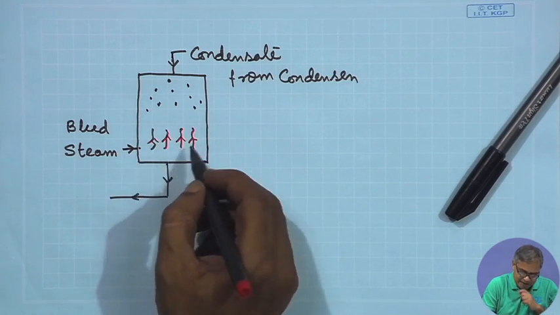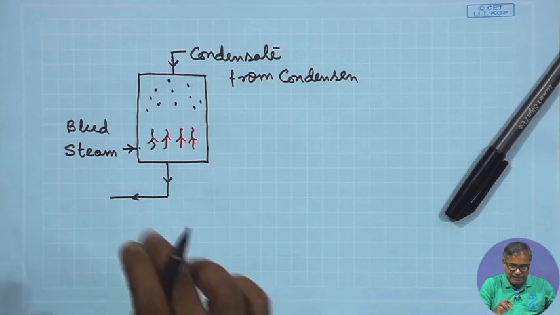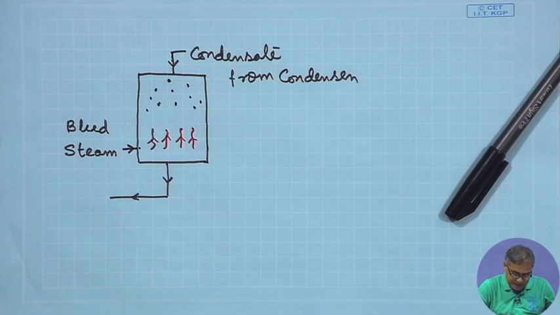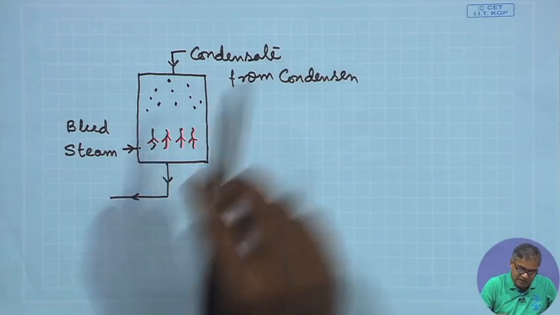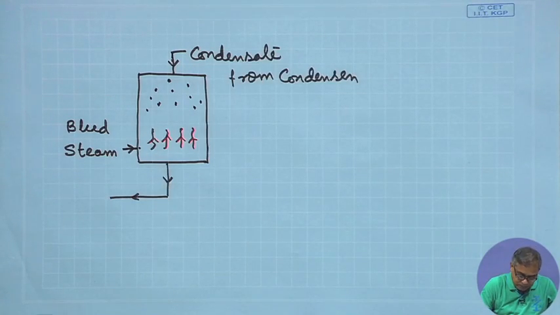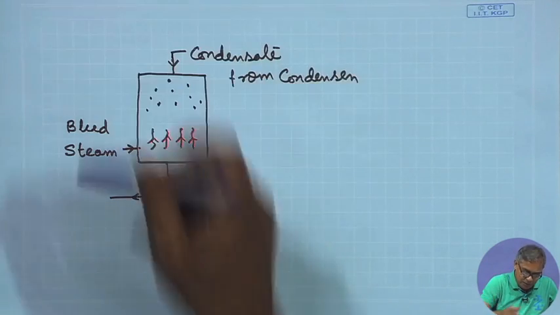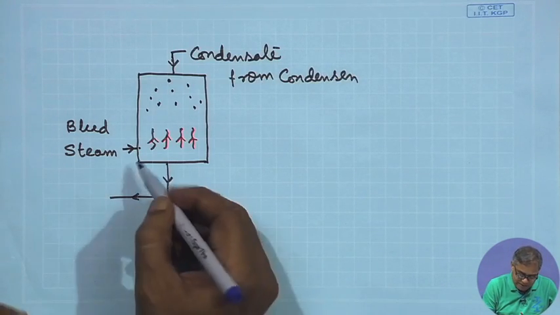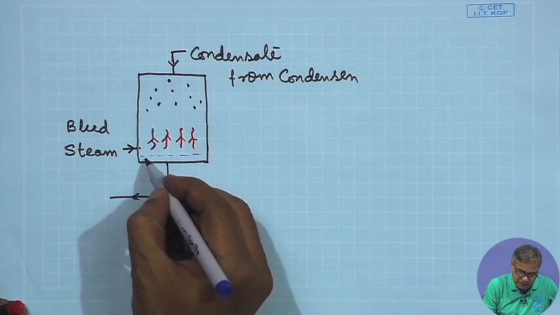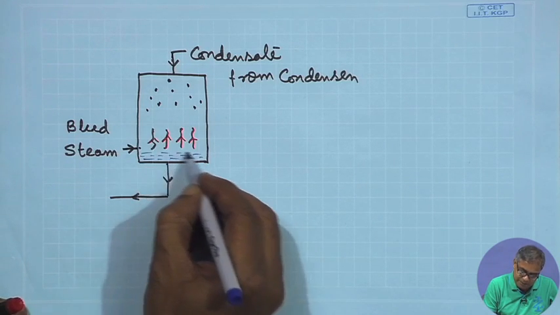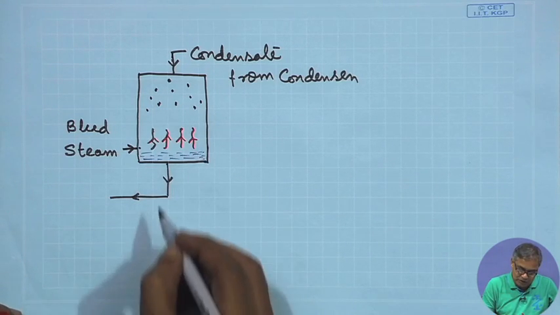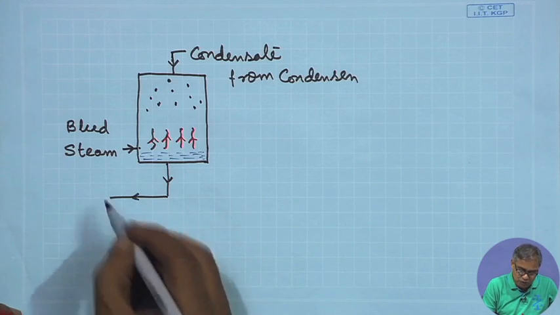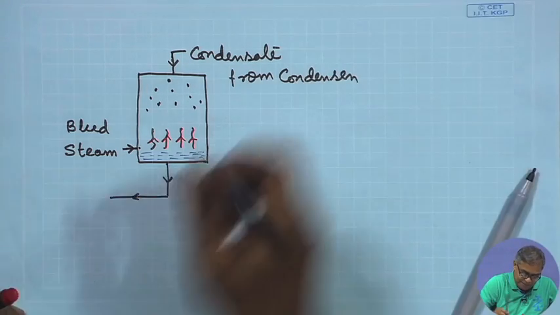This device is designed in such a way that the steam and water droplets get enough time to contact with each other, and then the steam will condense, and ultimately at the bottom we will have condensate, which we assume will be in the saturated liquid condition, and it will be taken to a pump which will pump it back to the boiler.